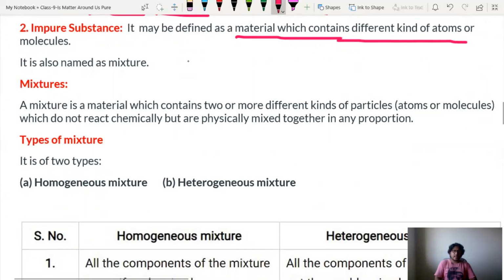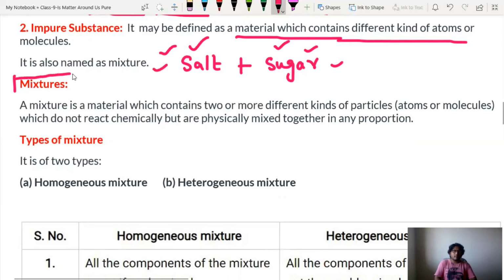Simply to say, let us take salt and let us take sugar. Salt is different, sugar is different, tastes are different, chemical formulas are different, and if you mix together, we will get mixture. We can say it is salt and sugar mixture.